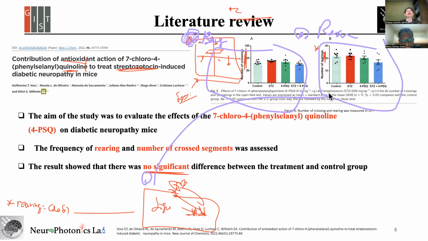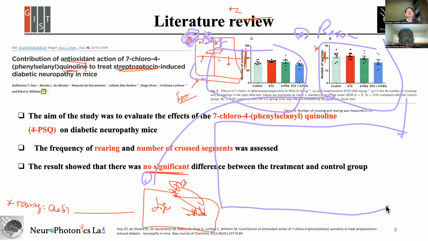Put that one here, okay? Okay. And then move this data down over this space. I mean, there are too many words. Nobody wants to read the words these days, okay? But then put the number of rearing and crossing, then people realize, oh, this paper had behavior only crossing and rearing, and it's not even significant.